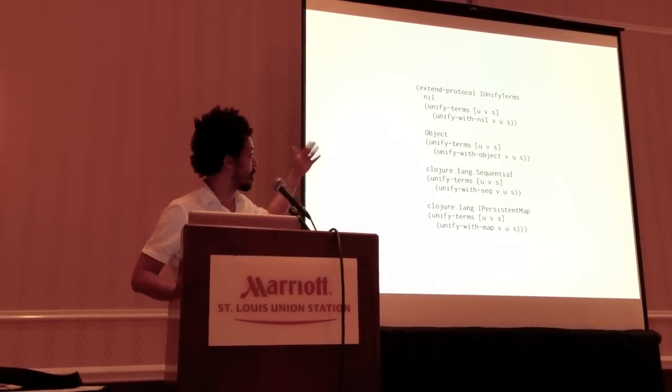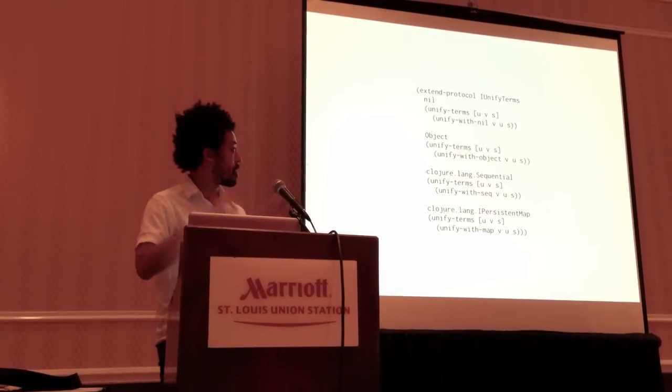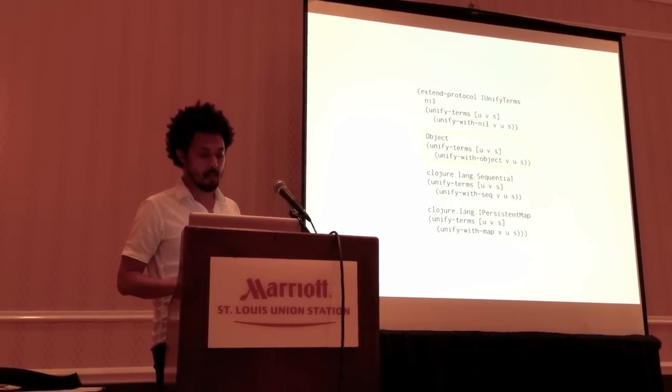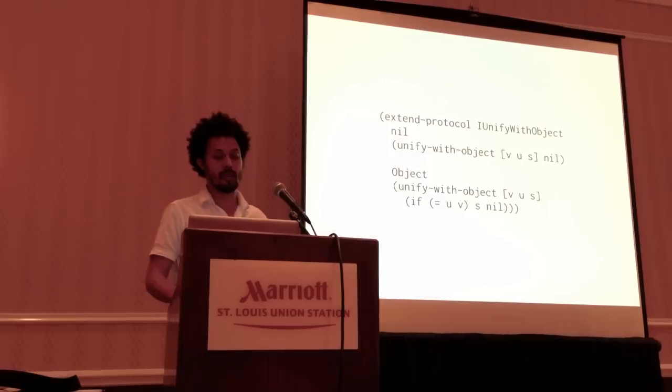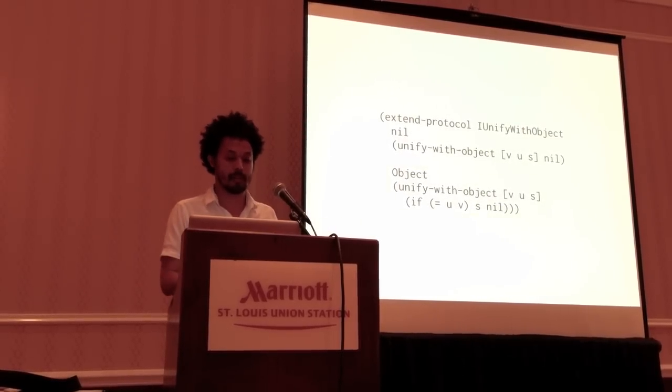These are all the cases for IUnifyTerms, right? What happens if you unify with nil? What happens in the default case, that's Object? And then we have the recursive cases down below. So what does unify with Object look like? Now this is the default case, right? This handles everything else.